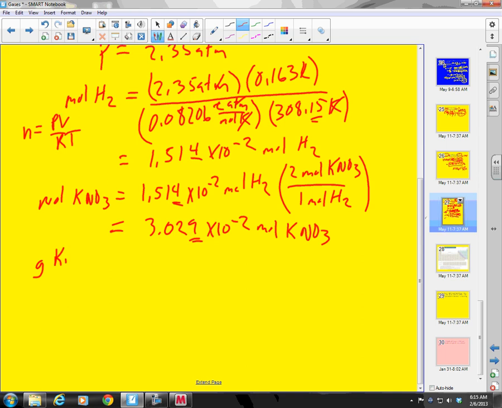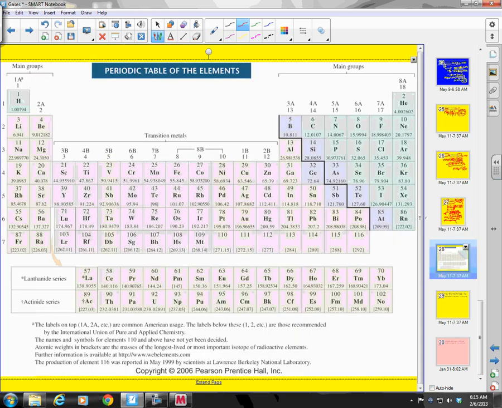So how do I get grams of potassium nitrate? Grams of KNO3 is equal to 3.029 times 10 to the minus 2 moles of KNO3 times what? Okay, let's look at our periodic table. Potassium is 39.10.